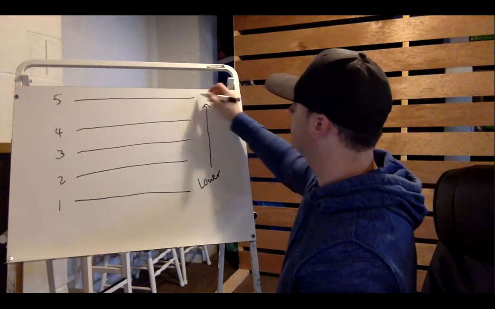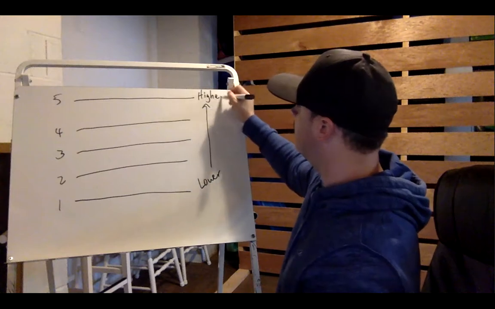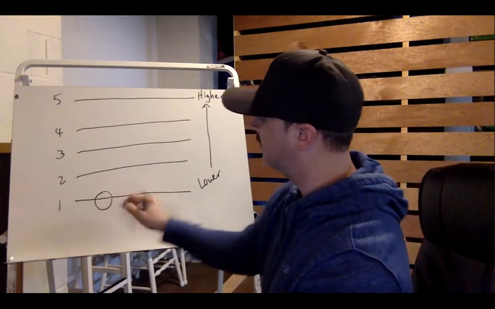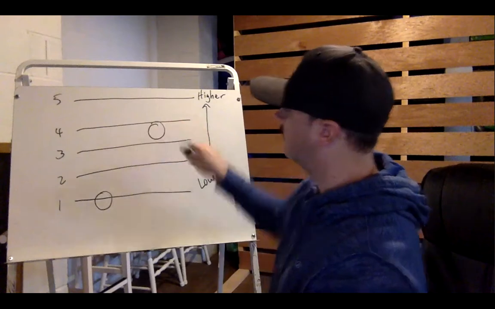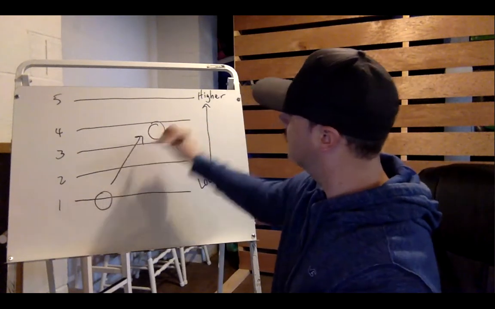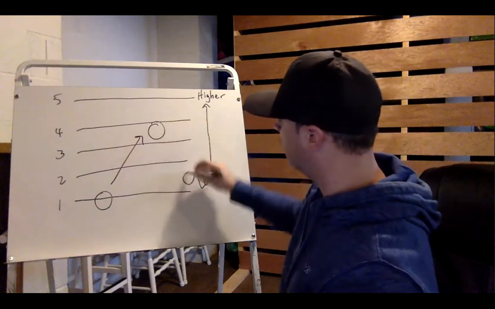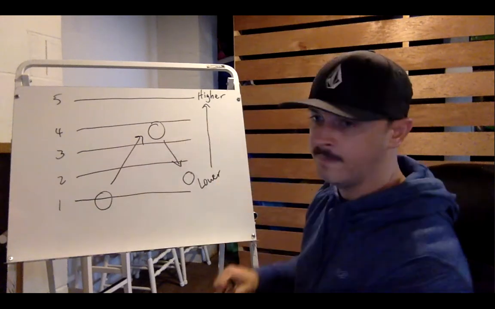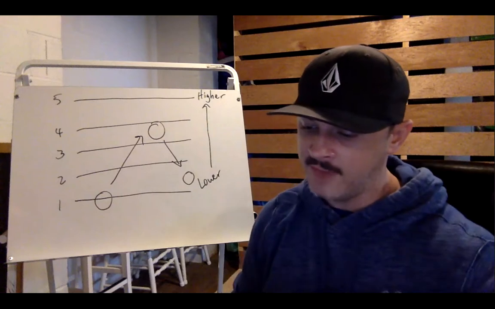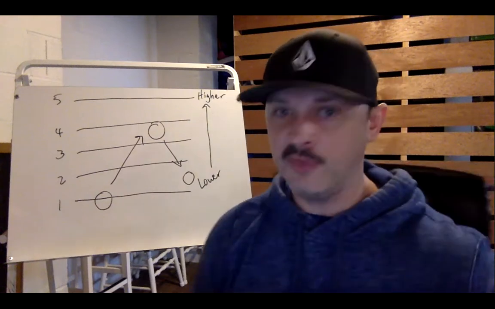If it's towards the top, it's going to be a higher note. Okay, so a note down here is low, but a note up here is higher. So lower to higher, and if I drew another one down here, it'd be lower. Okay, so lower notes at the bottom, higher notes at the top. And that's pretty much all that top portion is going over.